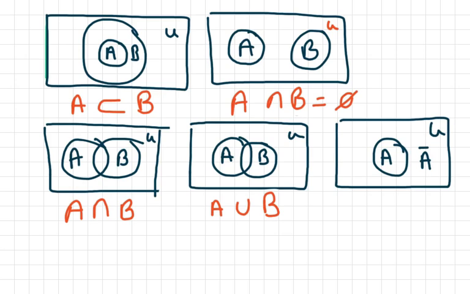So this is what a Venn diagram would be for A to be a proper subset of B. So this is a proper subset. This would be like a group of students in a class that's separated out from the class, but they're in the class.